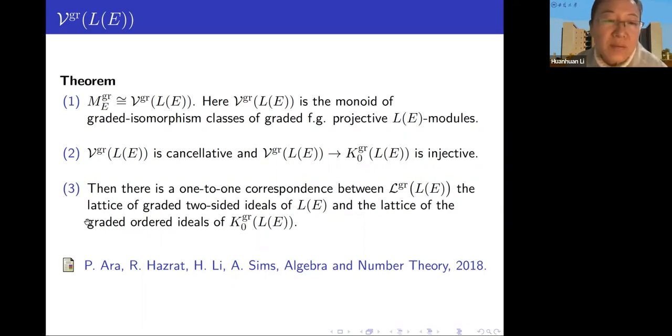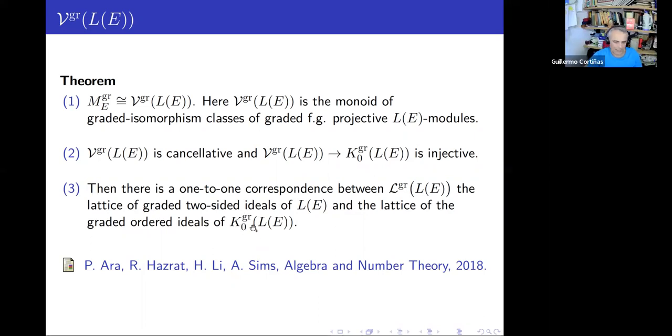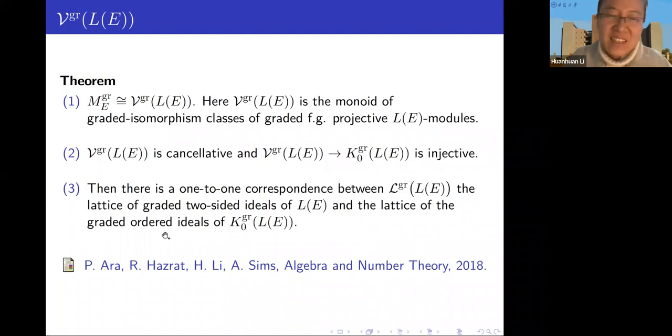For this graded, we mean that it preserves the Z action on this part. Because here this group has a Z action, so if that ideal preserves the Z action, then we call it a graded ideal.